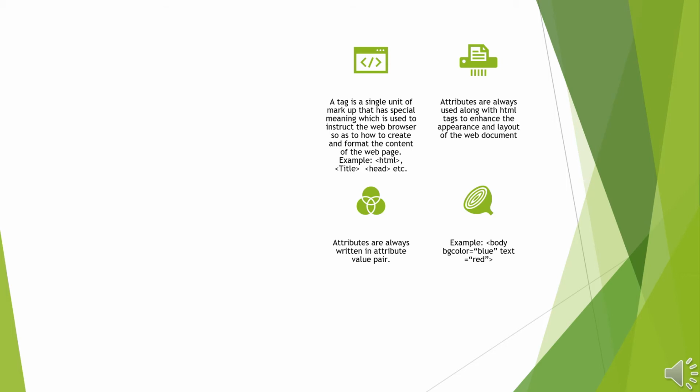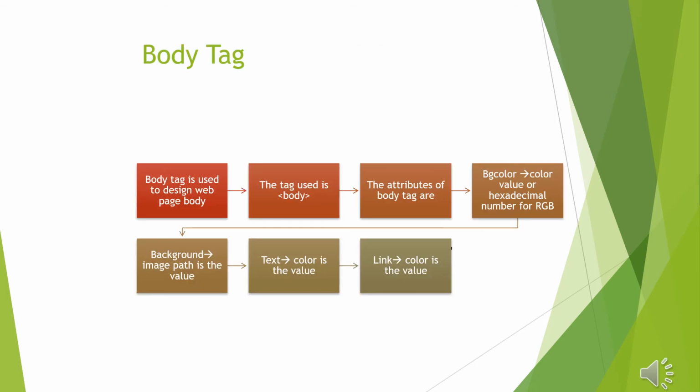Okay. Now we are going to see the actual tags that we are going to use in our web page. To start with, I will start with the body tag. When I say body tag, it is used to have the body of the web page.